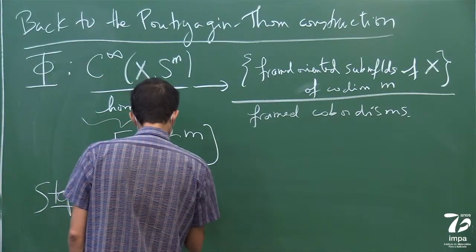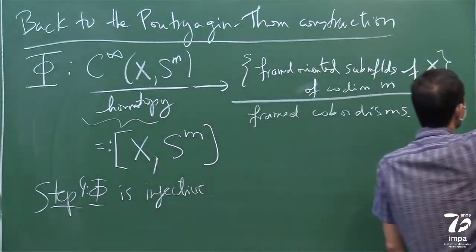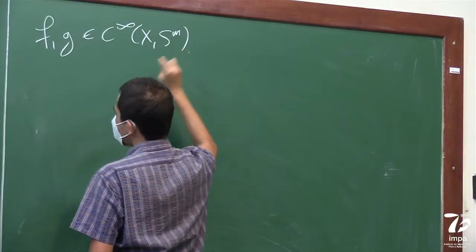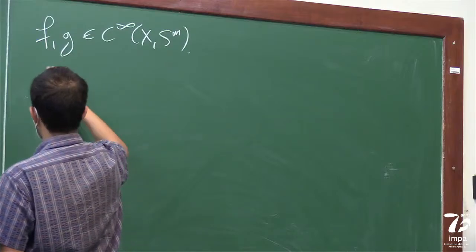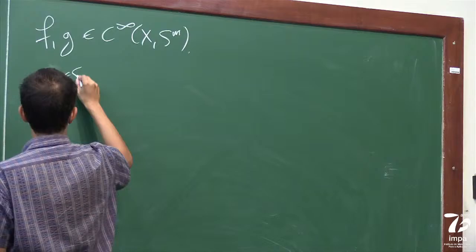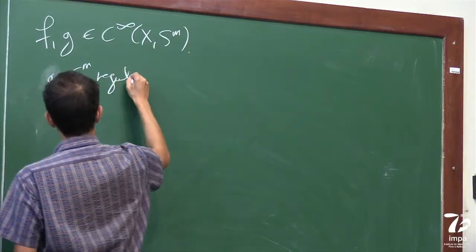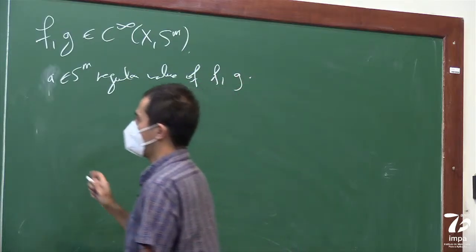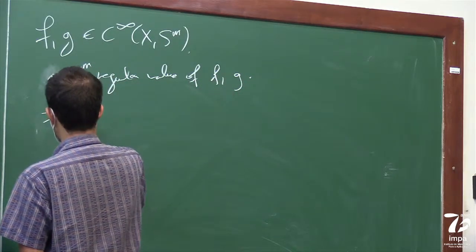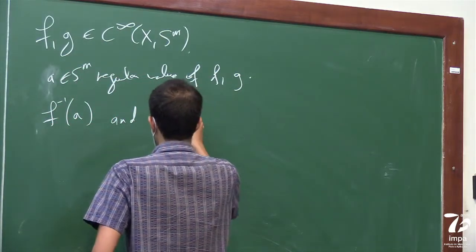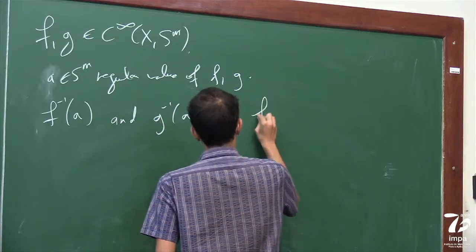So I said, let's pick two smooth functions, f and g. And let's suppose that we have a regular value for both of them. A is a regular value of f and g. And let's suppose that the preimages, f inverse of A and g inverse of A, are framed cobordant.